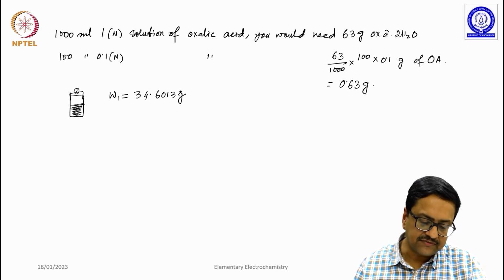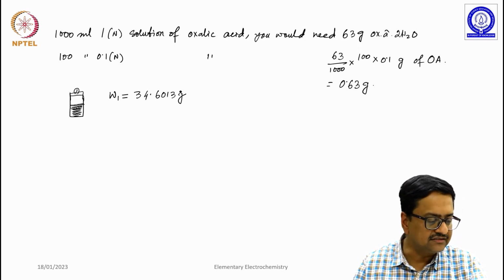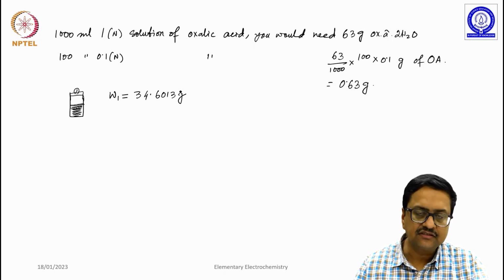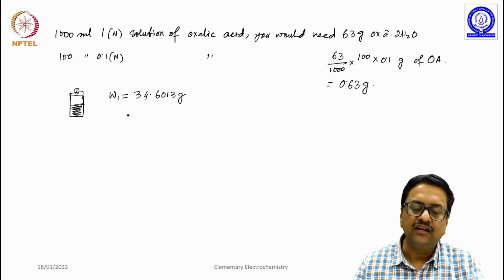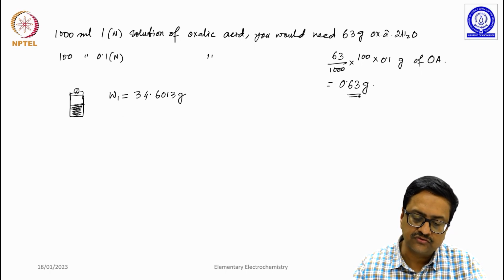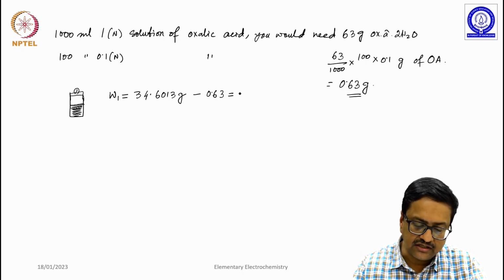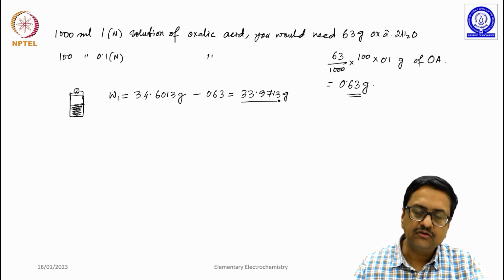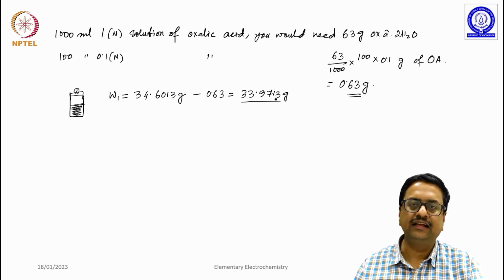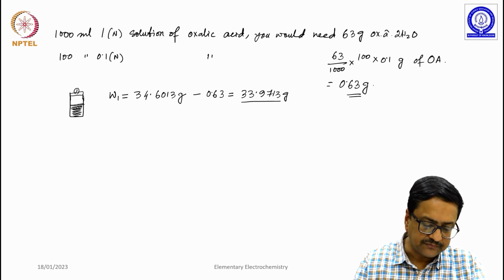Then we carefully transferred a certain amount of oxalic acid to the volumetric flask, doing it 2 to 3 times till it reached a value close to 0.63 gram by subtraction. So, we simply subtracted 0.63 from that number and we were trying to achieve 33.9713 gram.